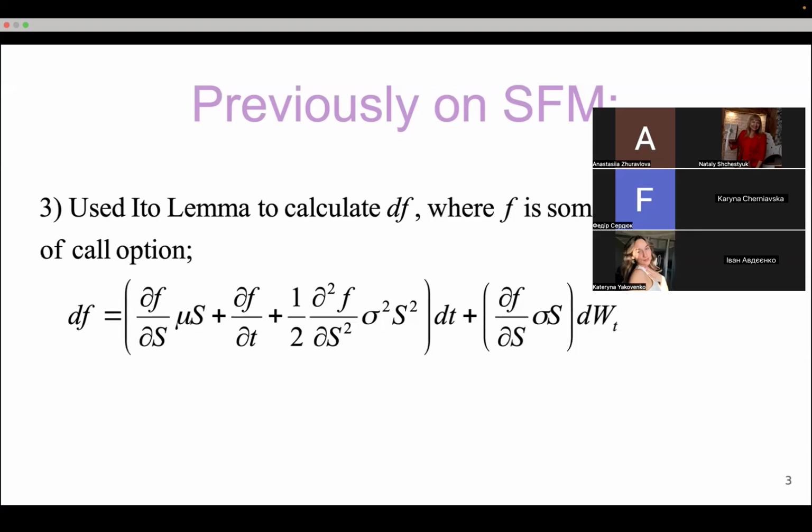So we have a call option. You know what this is, yes? It is like a security, and at the end of maturity we get a payoff. And what is the payoff function? Maybe Katya?